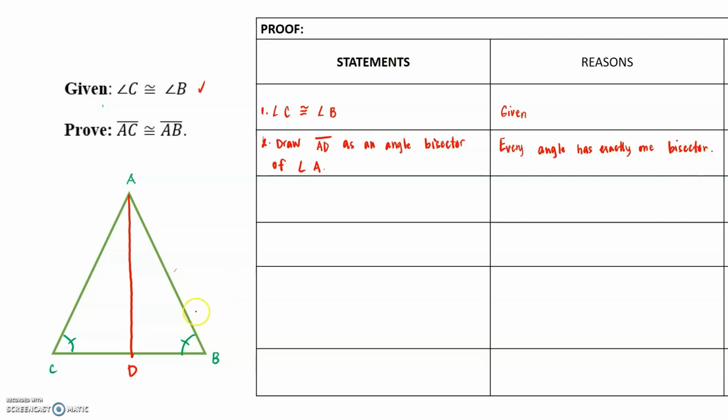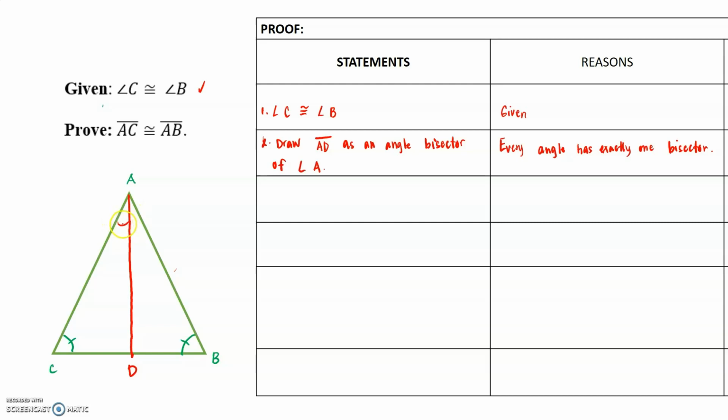Next, since we have said in our statement that segment AD is an angle bisector of A, then we know that angle A is divided into two parts.